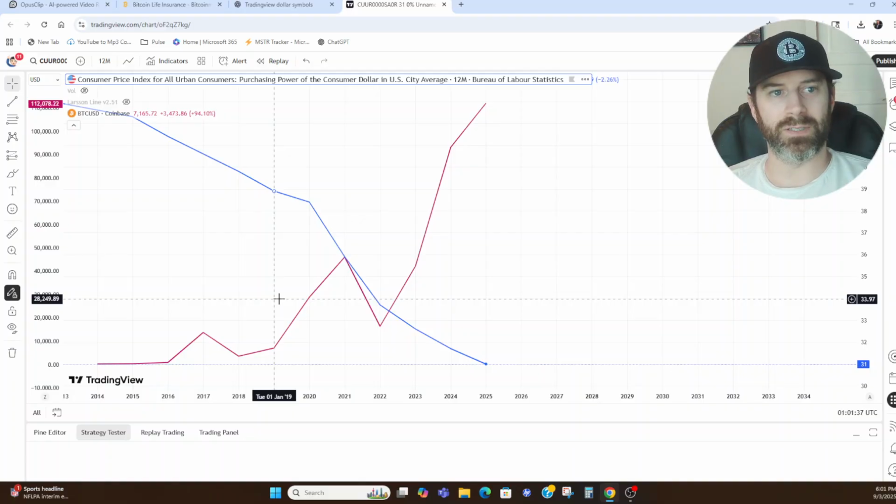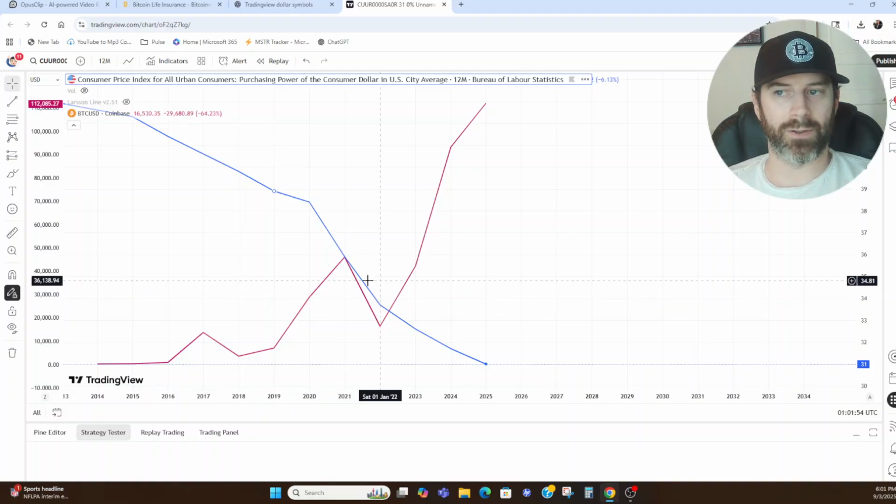And that's really the underlying premise here: what if life insurance was denominated in Bitcoin, an appreciating monetary asset, as compared to the depreciating monetary asset, if you will, in the dollar?